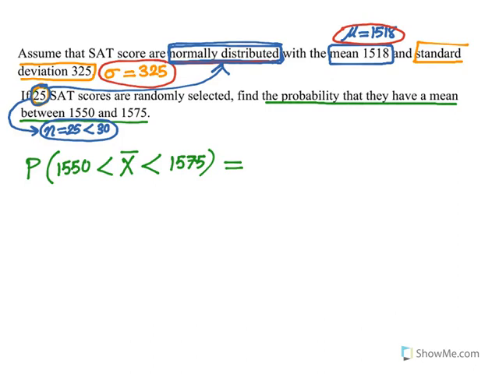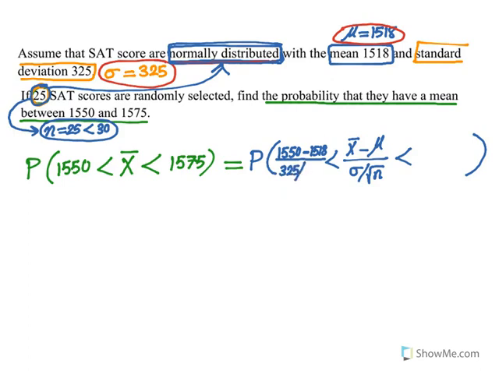As you know, if you watch the previous parts, you know how to do this. Instead of x bar, you will put x bar minus mu over sigma divided by radical n, and you do the same for the two numbers here. So this will be 1550 minus the mean 1518, divided by sigma 325, divided by the square root of 25, the sample size.